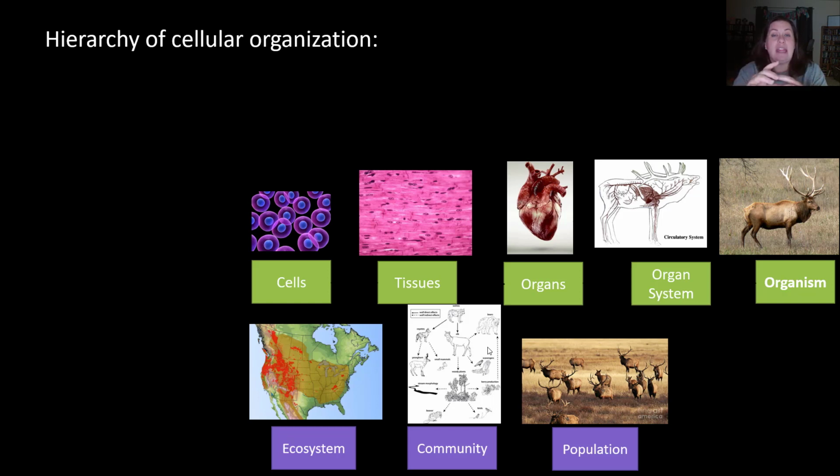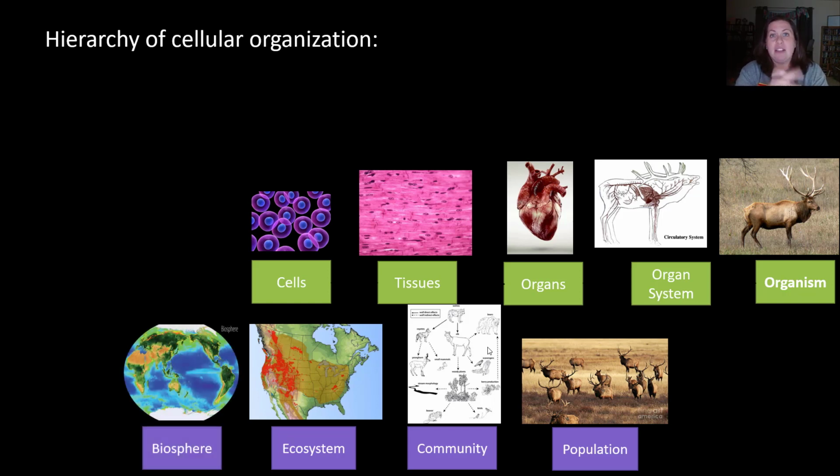We may also look at any other non-living type of influence. So the ecosystem is looking at what we call the abiotic factors, which are the non-living factors, as well as the biotic factors, which are the living. And then the biosphere is, of course, planet Earth.